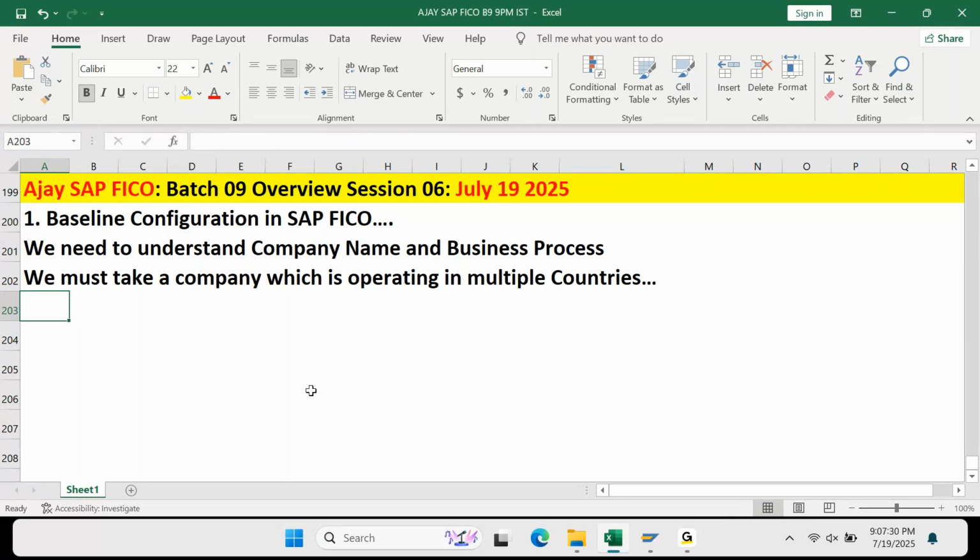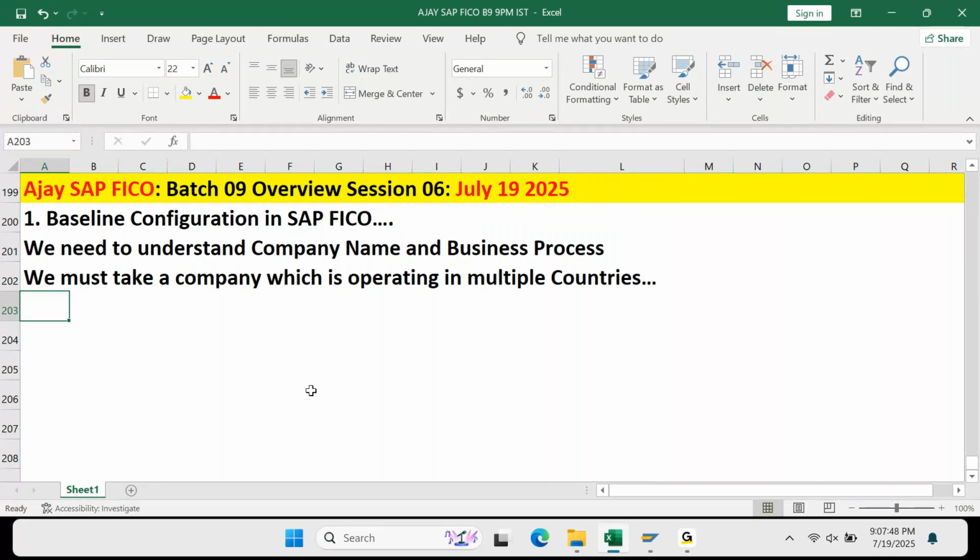If you start counting, can you easily make out at least 5 companies on your fingertips which are operating in a minimum of 2 countries? For example, Honda cars.